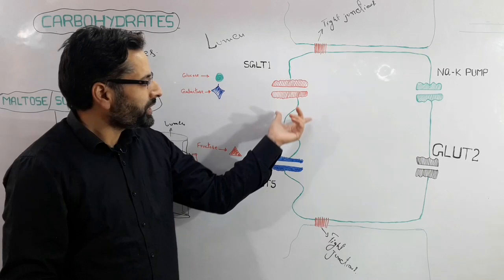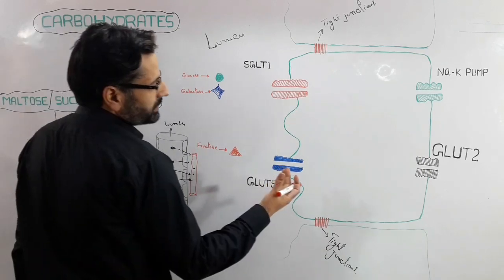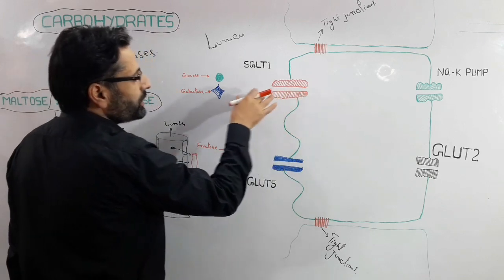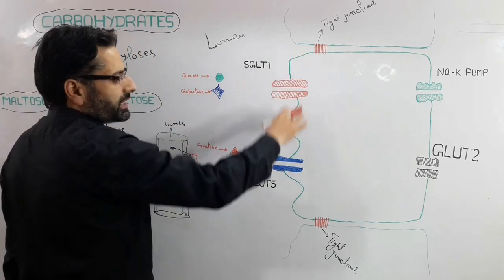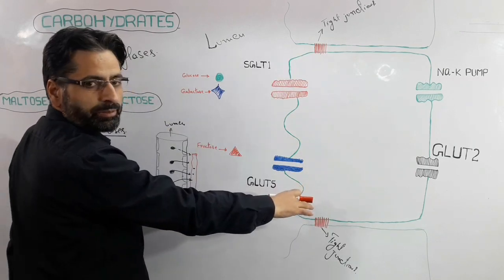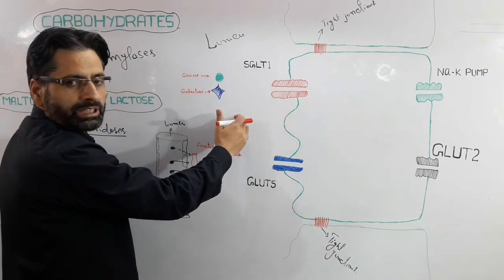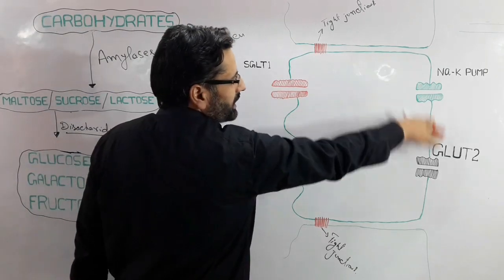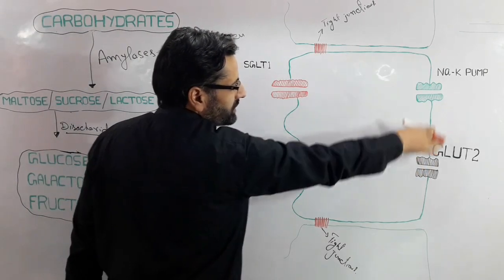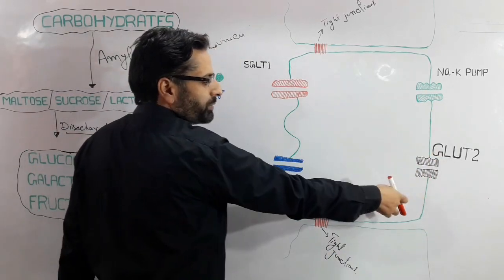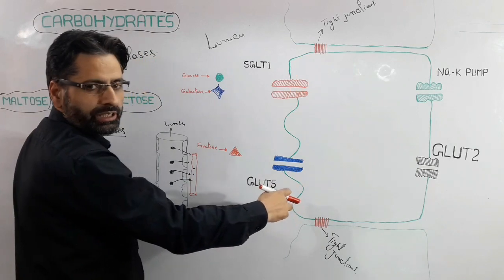As you can see here, we have two sides of the cell. Plasma membrane of this cell which faces the lumen of the intestine is called as the apical membrane. This side of this membrane, this plasma membrane which is towards the lumen of the intestine is the apical membrane, and the side of the cell which is away from the lumen of the intestine is called as the basolateral membrane. So we have this basolateral membrane and we have this apical membrane.